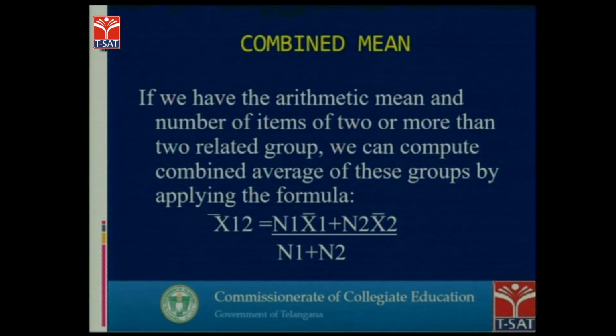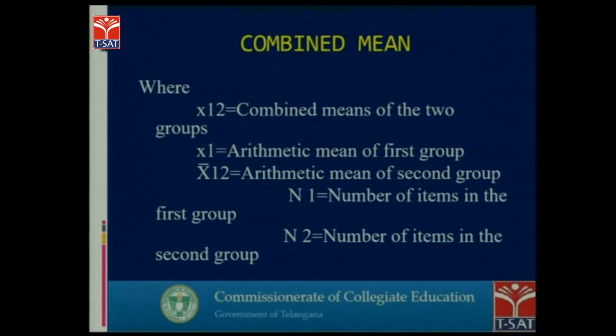We will take this formula when there are two means. If there are 3, we will take x bar 1 2 3 is equal to n1 into x bar 1 plus n2 into x bar 2 plus n3 into x bar 3 divided by n1 plus n2 plus n3. This is the way to calculate combined mean.